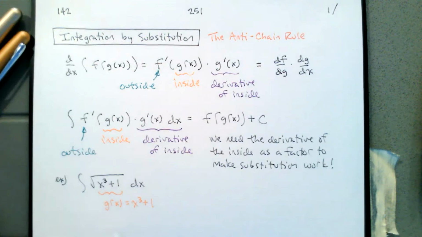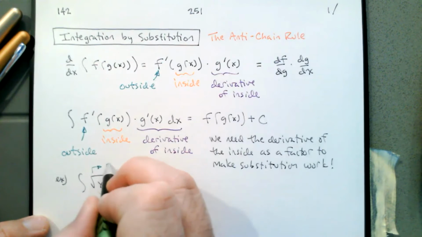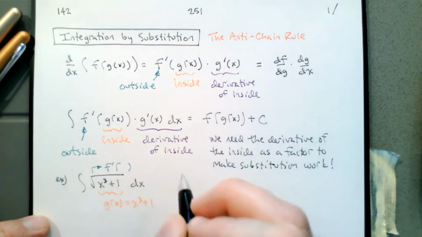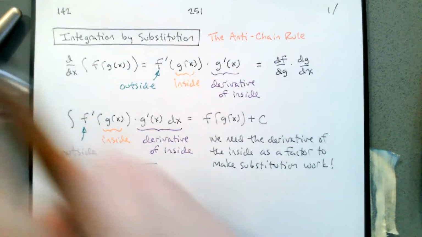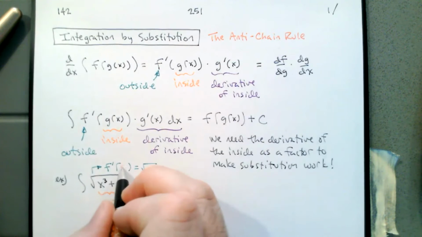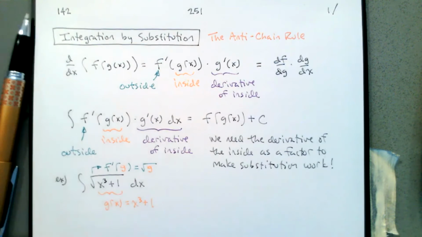And if we make g of x x cubed plus 1, then the outside, f prime of g, is the square root of g. The reason that this is not substitution is we don't have g prime of x as a factor.